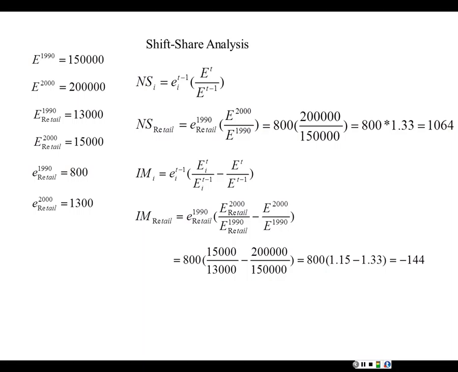But as compared to the overall employment growth, it's 33%. And therefore, the retail industry didn't grow as well as the overall economy, and therefore the industry mix should be negative 144. If you do the calculation, a negative number indicates that at the national level the industry didn't perform as well as the average of every industry together.